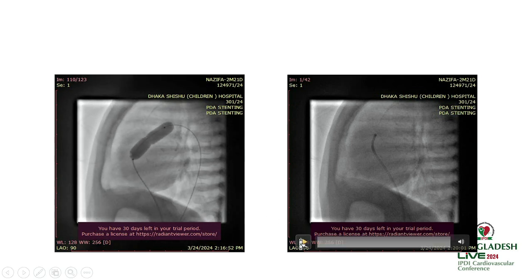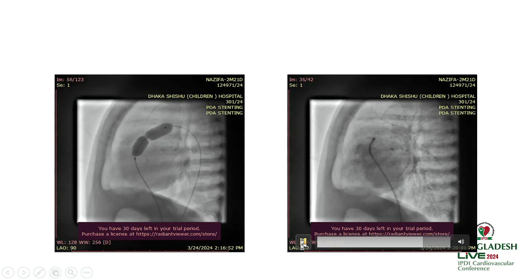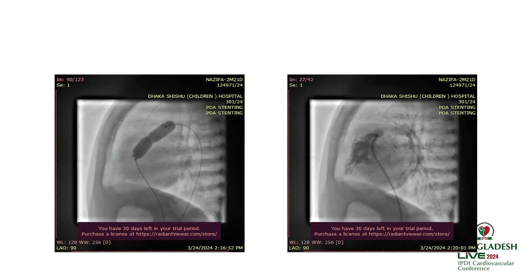After balloon dilatation, good antegrade flow was ensured.